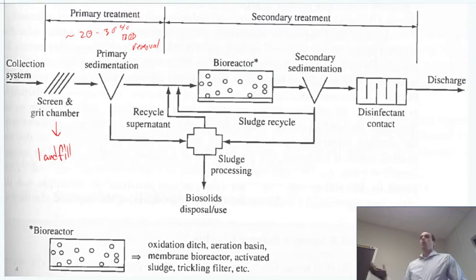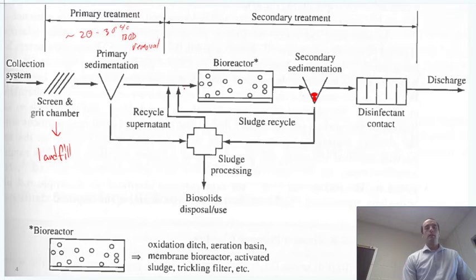From there, after we've grown all these bacterial cells, we're going to try to get rid of them with sedimentation. Okay, and as we'll look at next time, we often are going to assume that we can do that perfectly well and preserve basically all of the bacteria so that we can recycle some of them to make sure we have plenty of bacteria in our system.